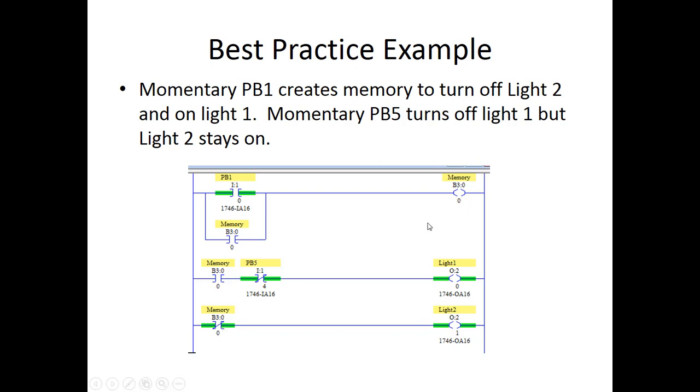So once again, my memory here, I've broken out and made the memory its own rung, and then I'm using that memory to engage these other rungs, and that way when I turn off this light 1 right here, I don't kill the memory. Thus, I'm not affecting the next rung.